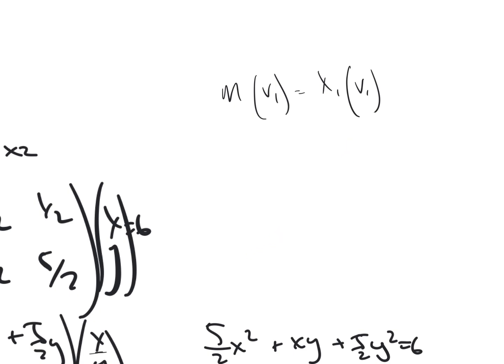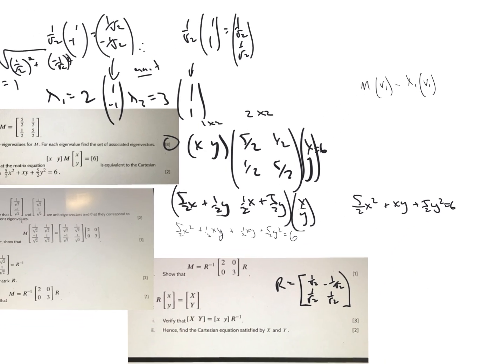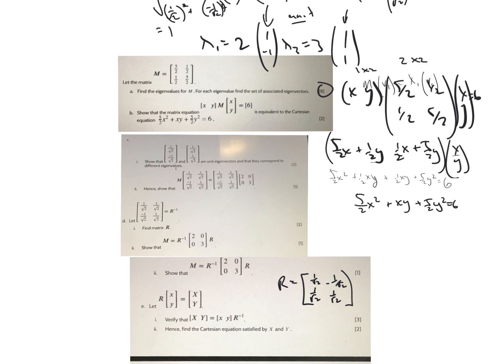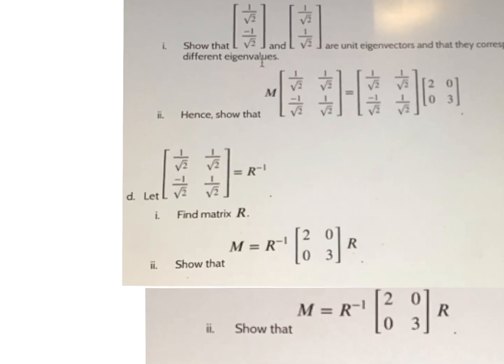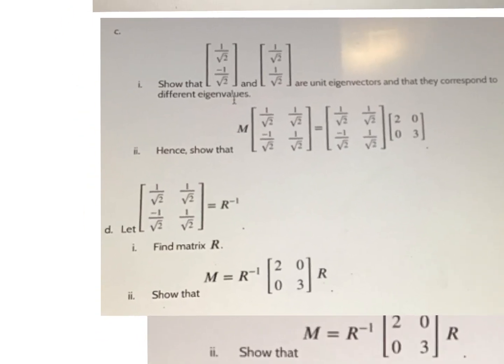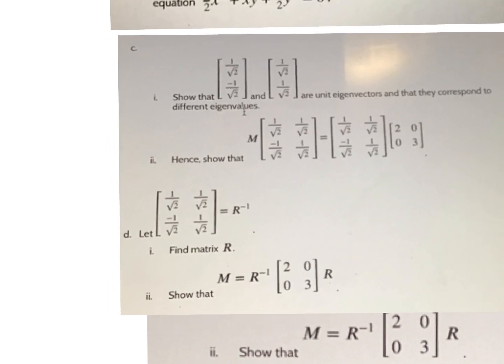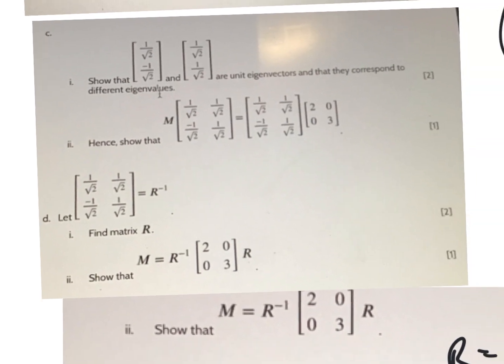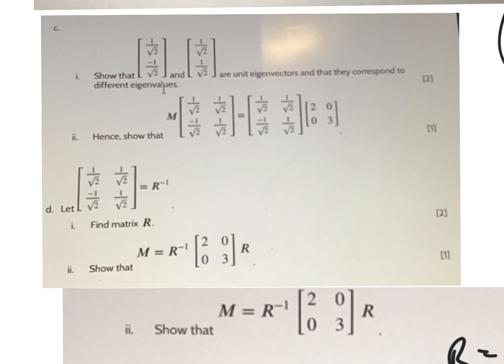And so if I look at what I have here in this particular scenario, I can see that here this times 2 is going to be this times M. That is the definition of the eigenvalue and eigenvector.